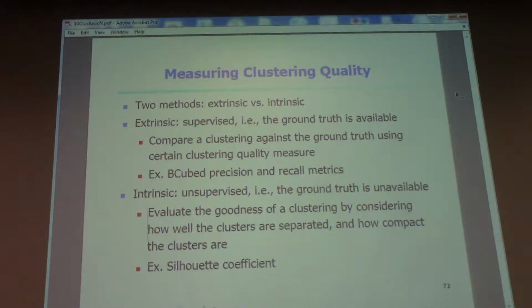We can use the labeled data, the ground truth, for the training, then test it. However, sometimes we cannot have such ground truth. If the ground truth is not available, how can we address such a problem?